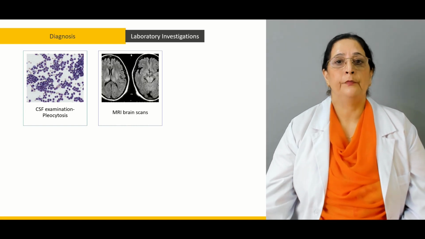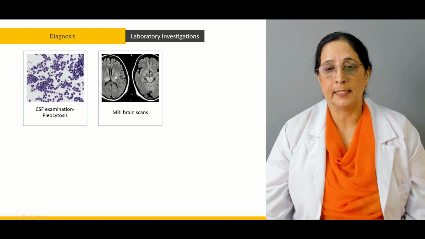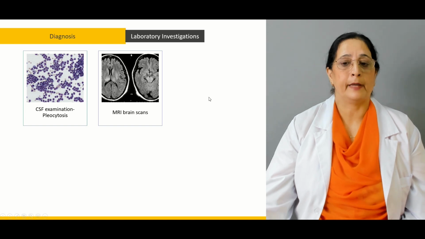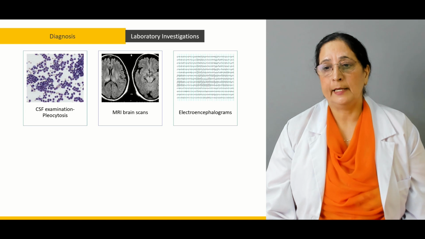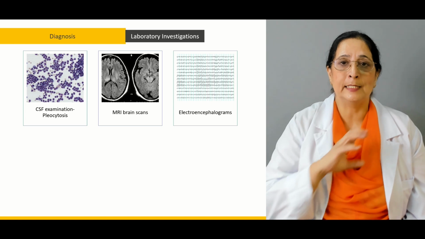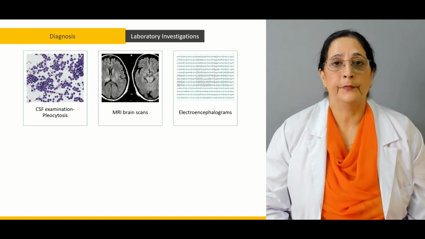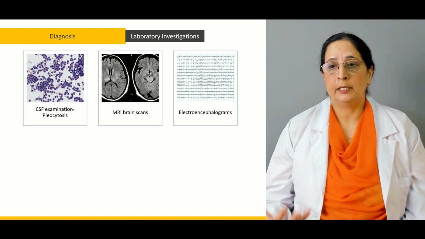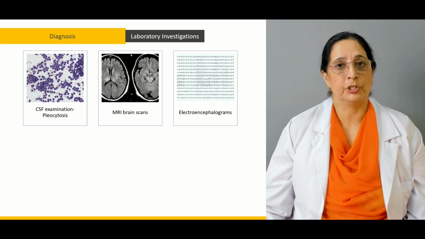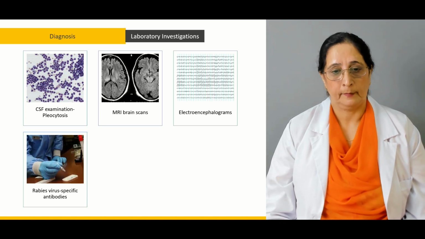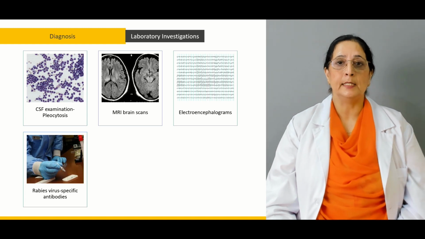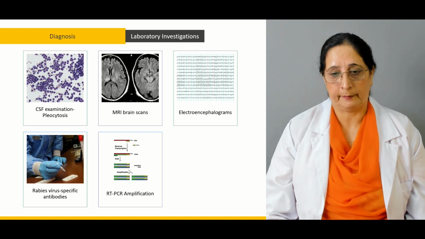Then we can also perform MRI brain scans. Here, hyperintense regions are present which are affected by the rabies. Then the electroencephalogram, the electrical recording of brain activity, shows the neuronal dysfunctions caused by the rabies infection. Rabies virus specific antibodies, if present, are specific for rabies infection.